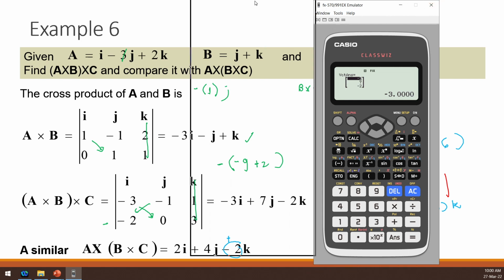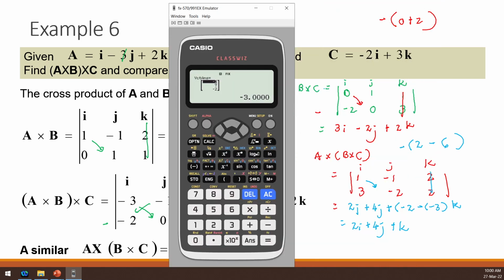Okay, going to check B cross C, so clear it. So option, you take B, number 4, cross. Option C is number 5. Vector B cross vector C. 3I, negative 2J, 2K.